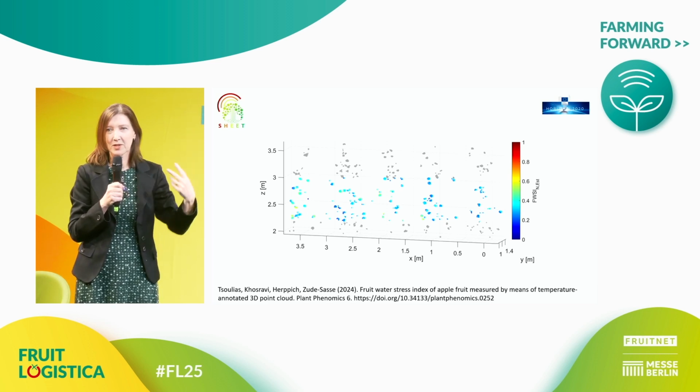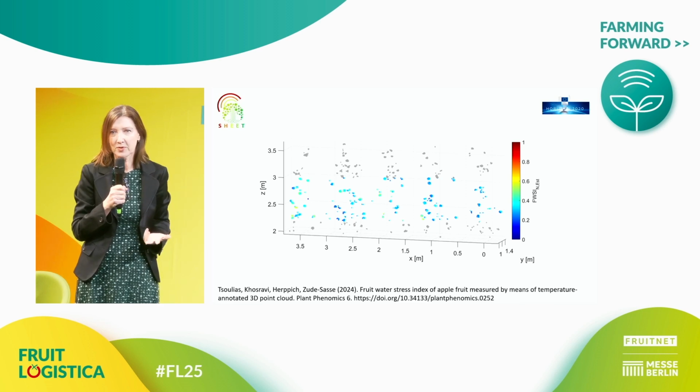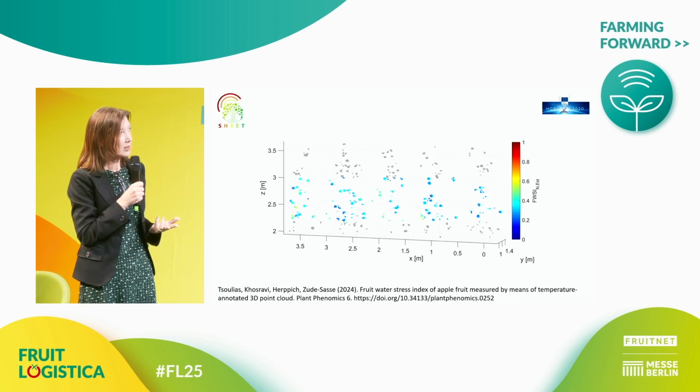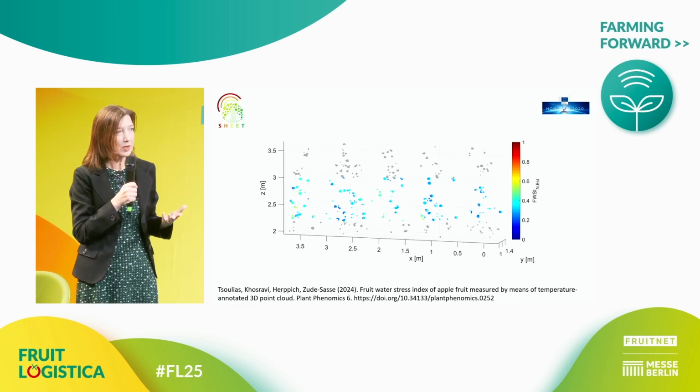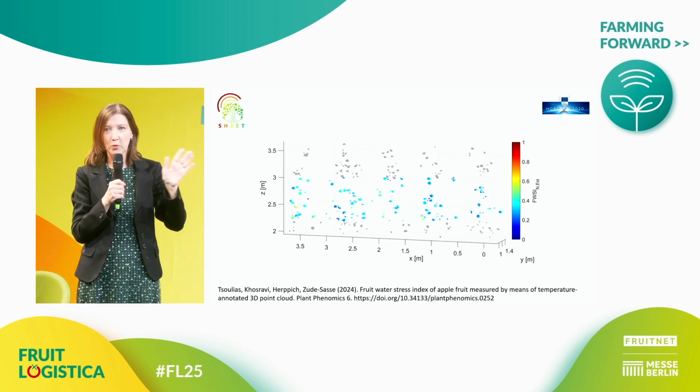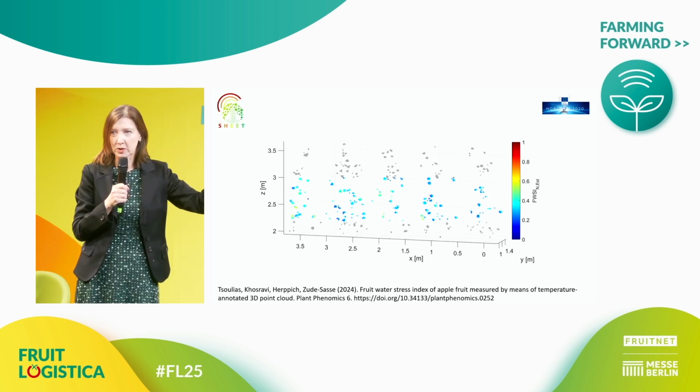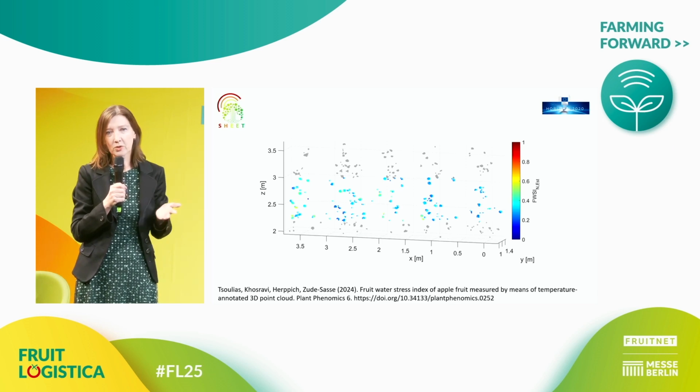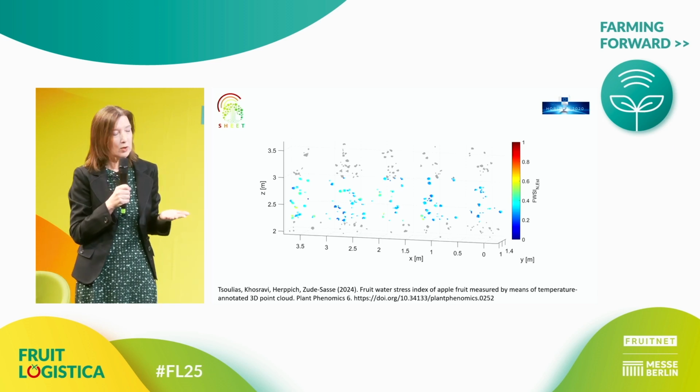So the annotation might have some problems here. Another issue is that the thermal camera may see through the canopy and may even annotate something from the sky. Those are all sources of error.